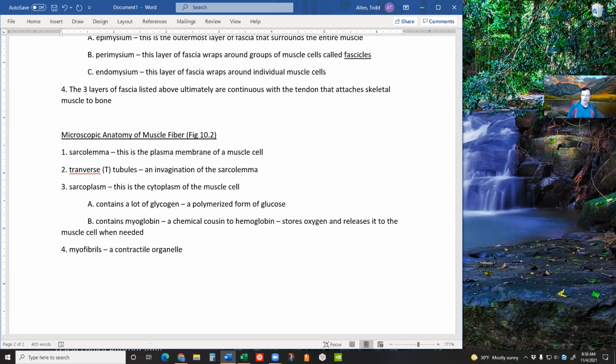Okay, a contractile organelle. I have a question for you in the chat window. Here we go. Is a myofibril inside or outside a muscle cell?